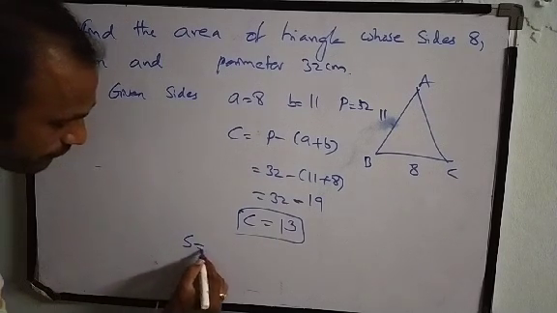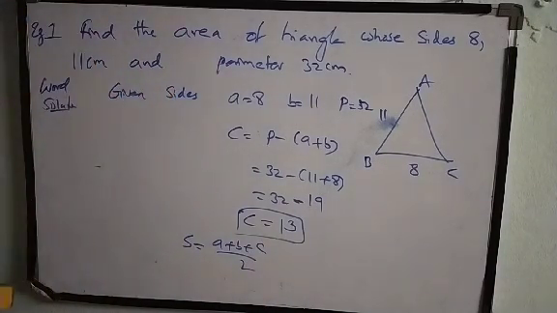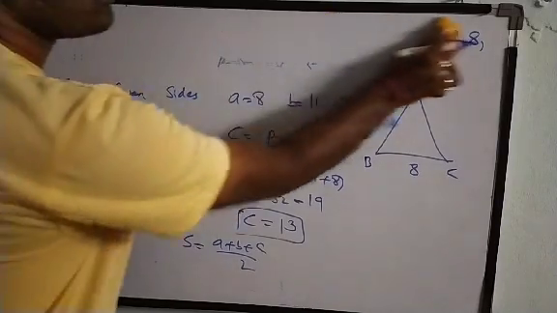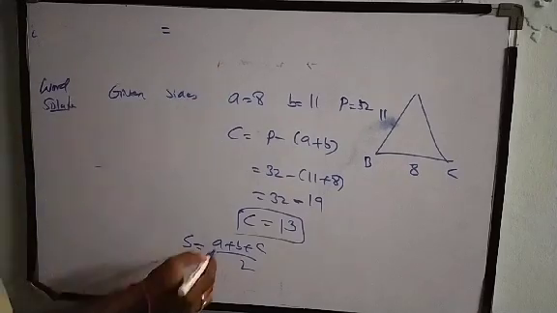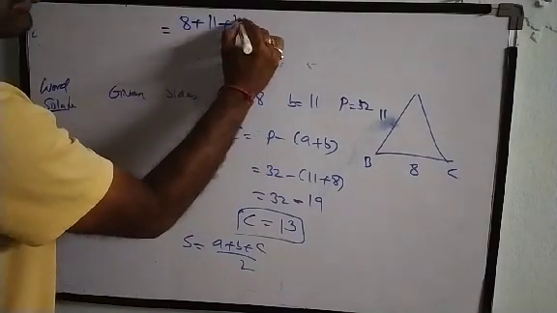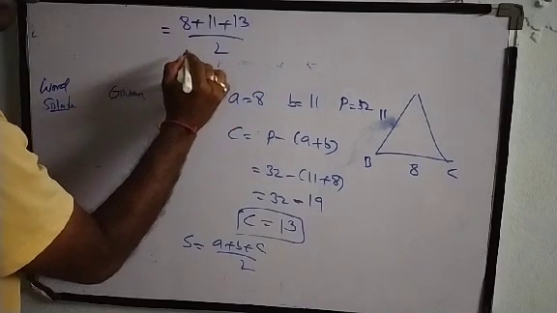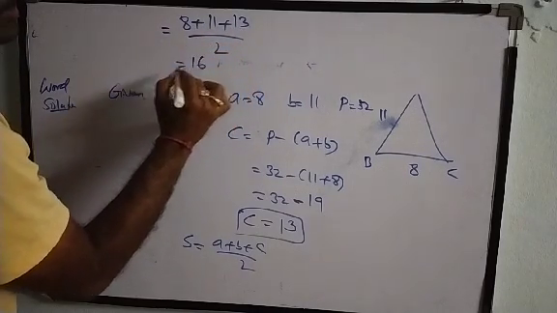Let us first find the semi-perimeter, A plus B plus C by 2, which is 8 plus 11 plus 13 by 2. So 24 plus 8, 32 by 2, which is 16.